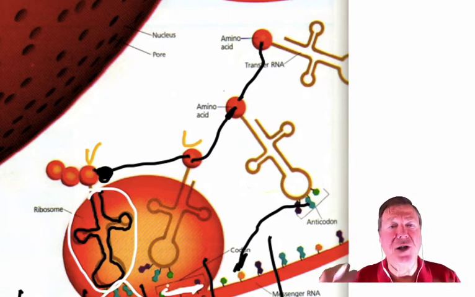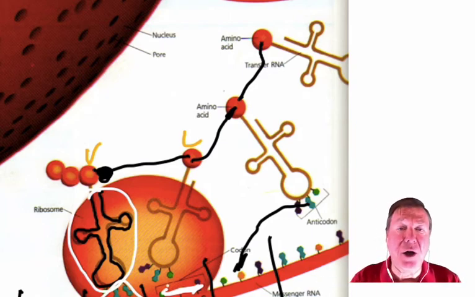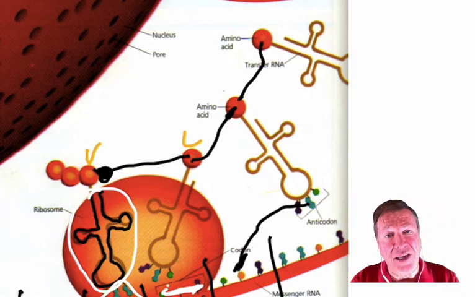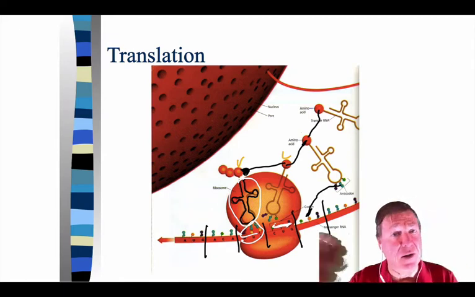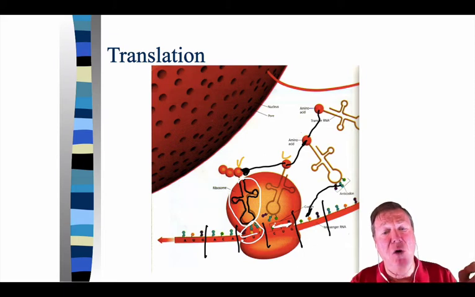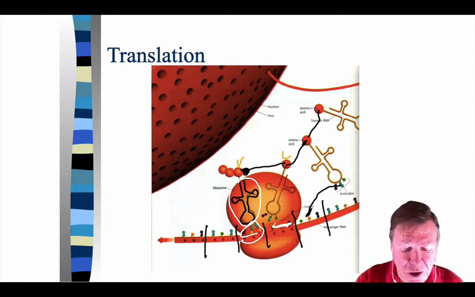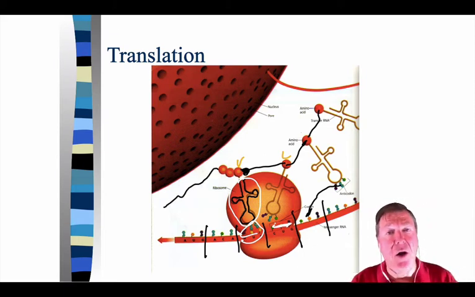Proteins are just a string of amino acids determined by the sequence of bases in the DNA which form codons that the ribosome reads, and it just says, okay, this is the next amino acid we need. This is the next amino acid we need. And then you make this growing chain. This chain will continue to get longer and longer as we keep adding amino acids to it to make the protein.